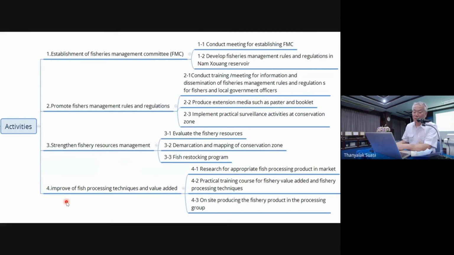And then finally, improve the fish processing technique and value-added processing. First, research appropriate processing products that fishermen can sell in the market. And practice training courses for processing techniques, where the teacher teaches the fishers' wives to make the processing products.